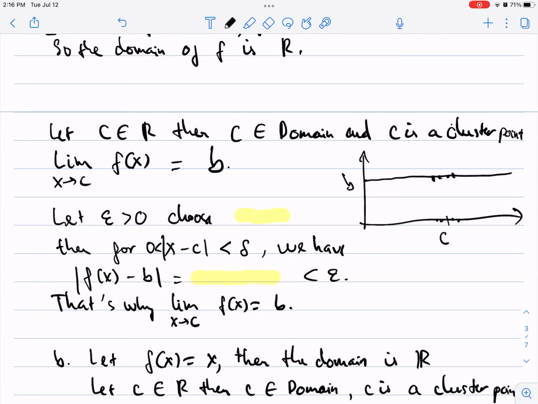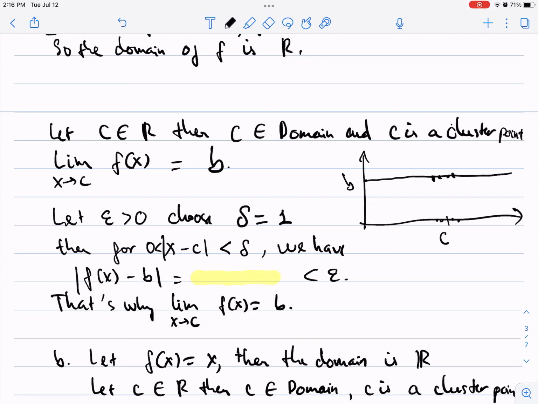In order to show that, we need to recall the definition. Let epsilon be bigger than 0. We're going to choose delta equal to 1.